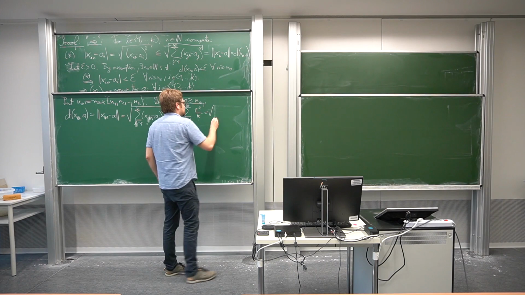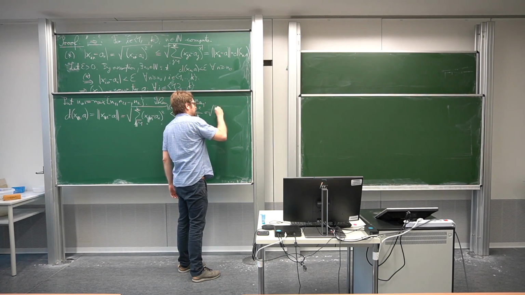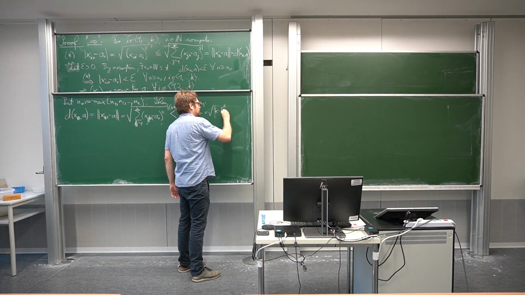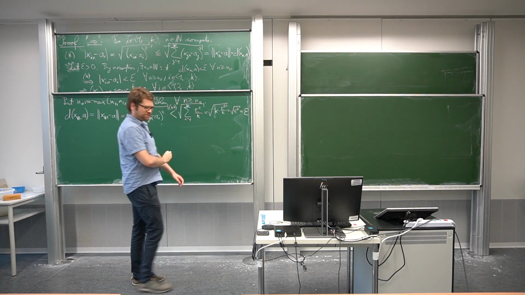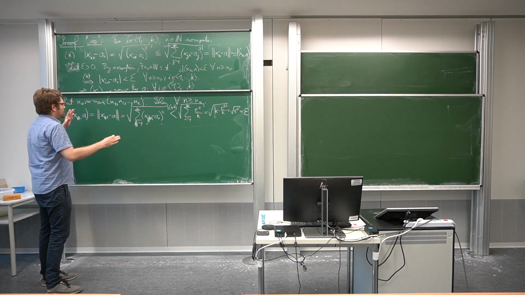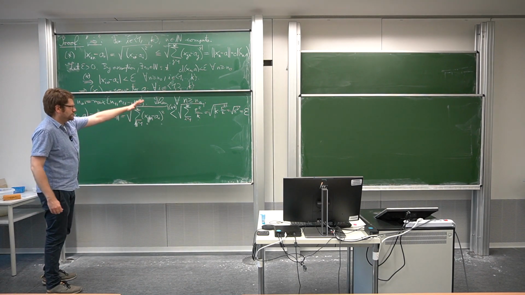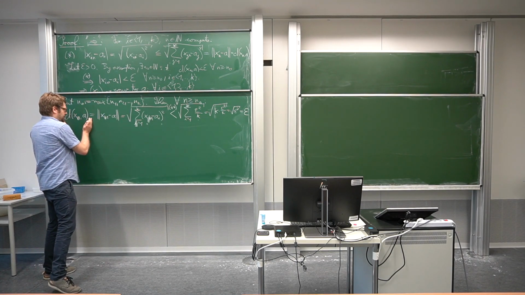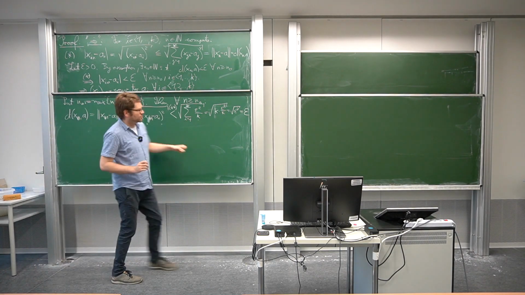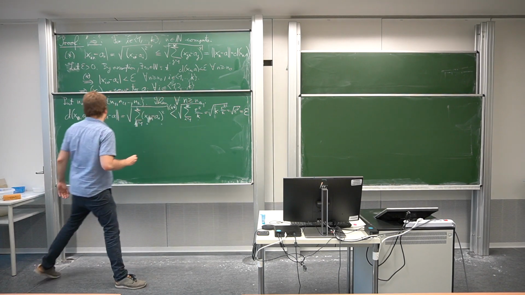So this is the square root of k times epsilon squared over k, which is the square root of epsilon squared, and this is epsilon, since epsilon is positive. So we have found an n0 in N such that for all n bigger than or equal to n0, the distance of x_n to a is smaller than epsilon, and this shows the convergence.